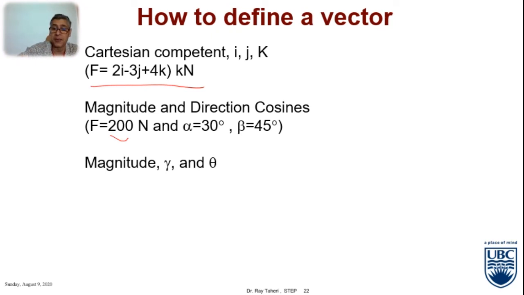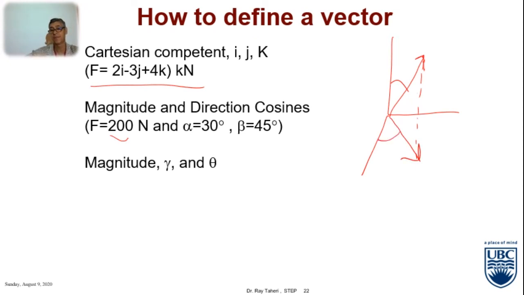If this is like this, you have this angle, and then you have this projection, this angle. So this is x, y, z.